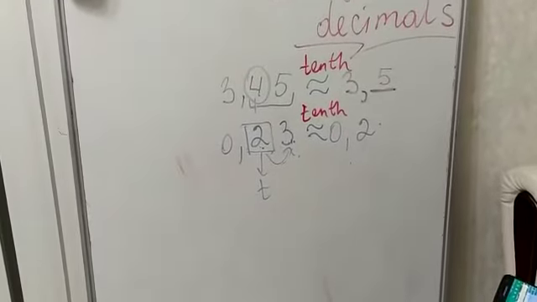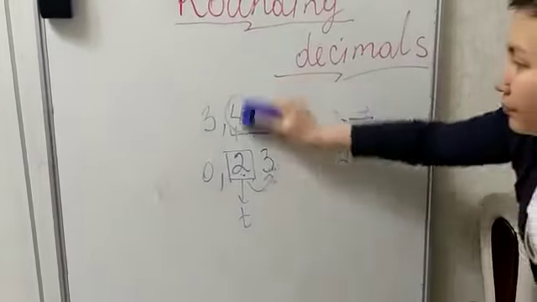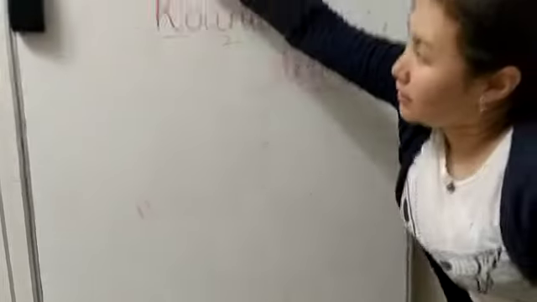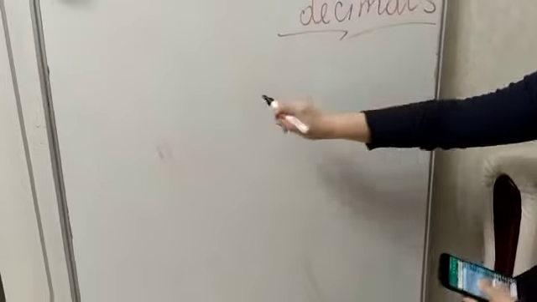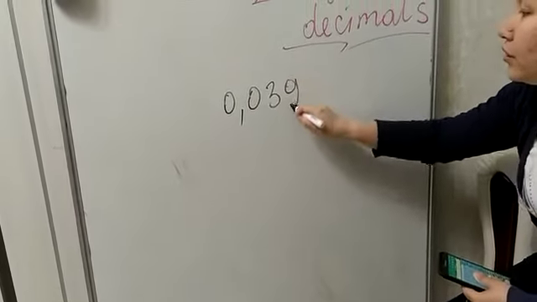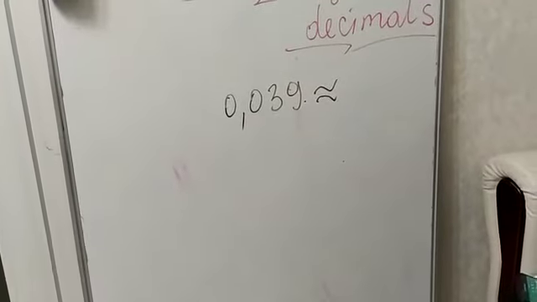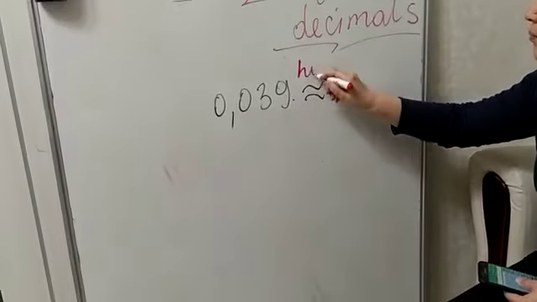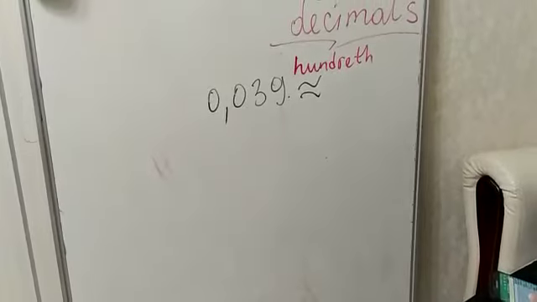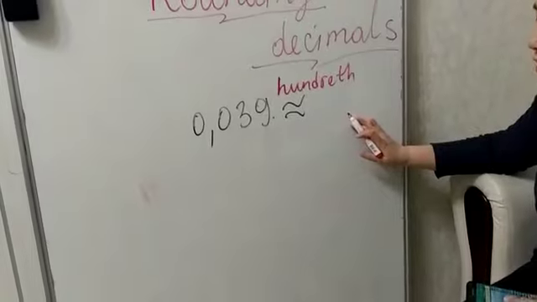Now I want to explain how to round to the hundredths. Let's see the next number, 0.39. We need to round it to the hundredths.